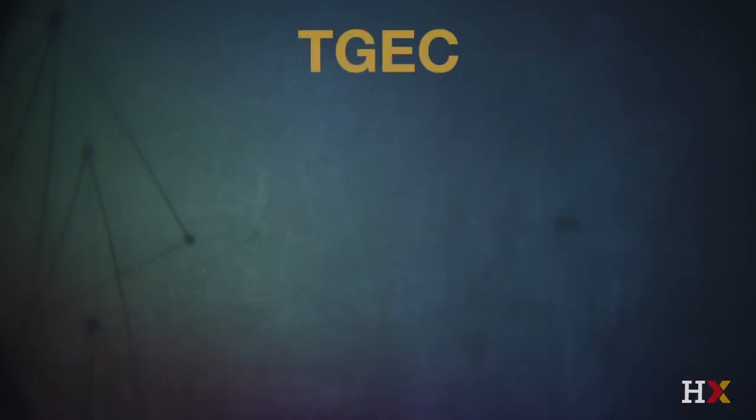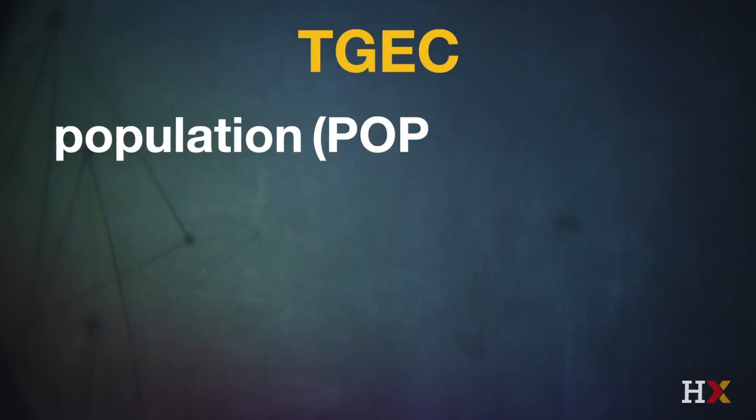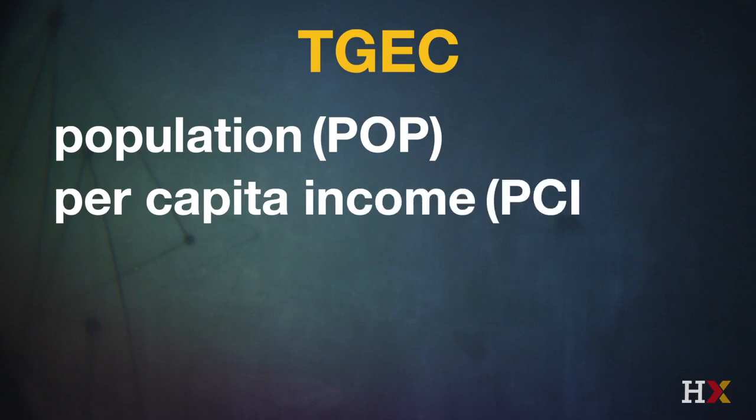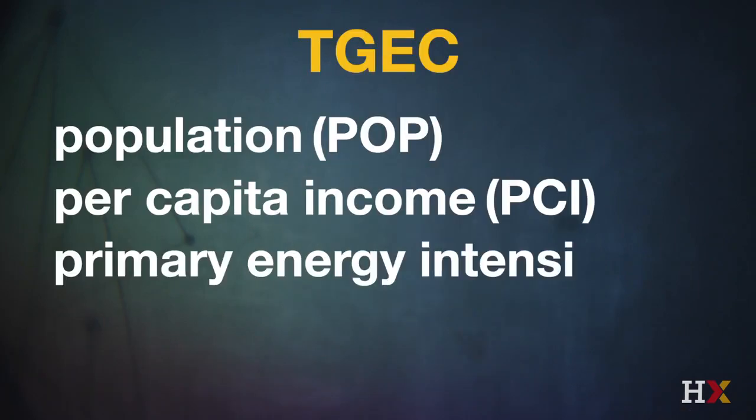And when we do that analysis, it turns out when we think about it, it's going to be proportional to population, which we'll call POP. But it's also a function of per capita income, it turns out. Now, that's not an obvious point, but it turns out to be extremely robust when we're doing the calculation, because the final quantity is the primary energy intensity.